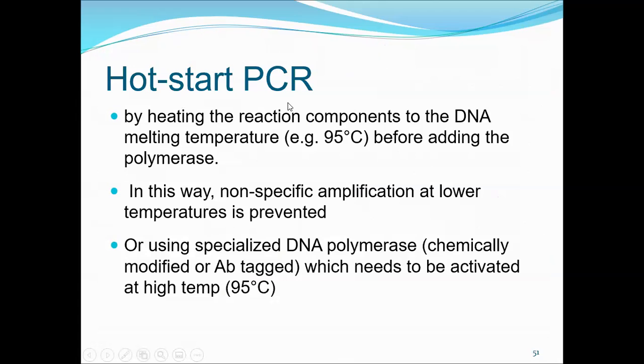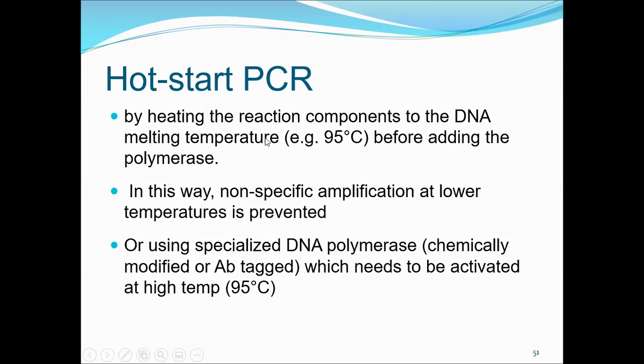Then comes the hot start PCR. Hot start PCR is like I have already told you about hot start polymerases. It can be done either with the help of hot start polymerases, or if the lab cannot afford to buy the costly specialized polymerases, like the chemically modified or antibody tagged ones, then you can still use the normal polymerases used in PCRs.